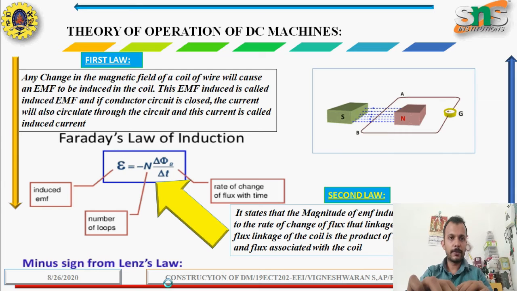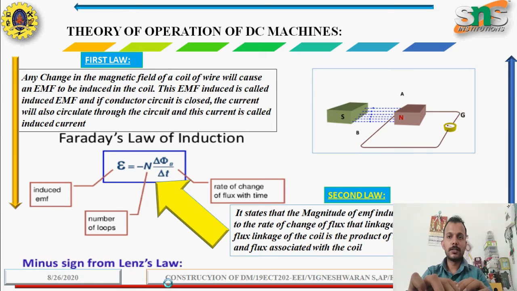Faraday's second law says that the magnitude of the EMF induced in the coil is proportional to the rate of change of flux linkage with the coil. Faraday's law of induction shows that the induced EMF is equal to minus N times the rate of change of flux with time, where N is the number of loops.